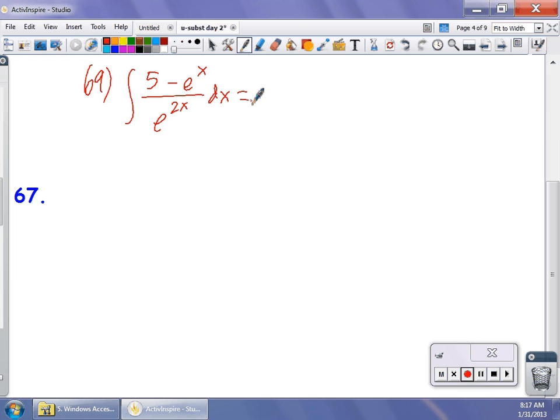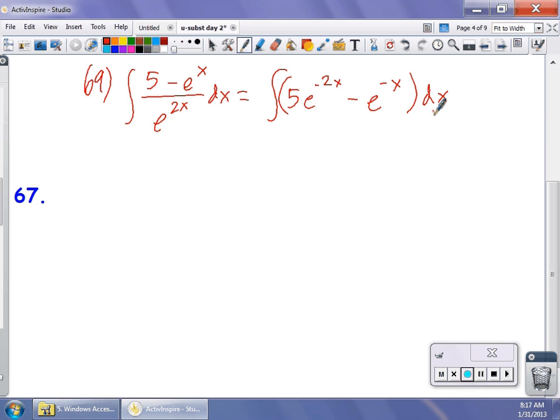So I'm going to rewrite that as the integration of 5e to the negative 2x minus e to the negative x dx. So I divided everything by e to the 2x.